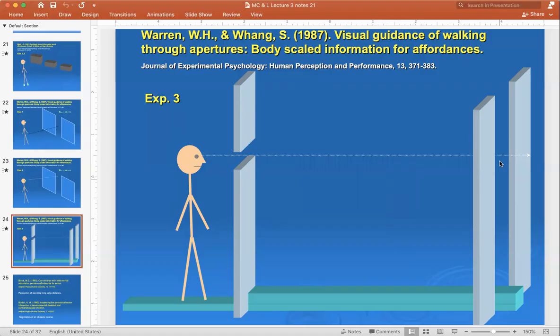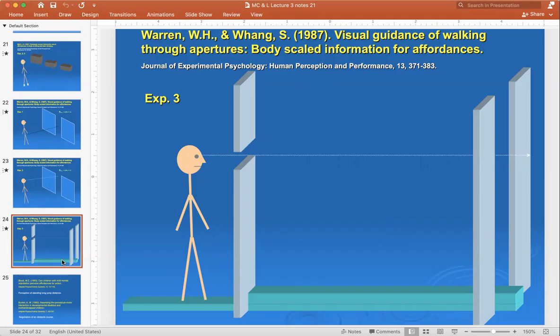They said that physically narrower gaps were now wider in terms of their body scale. So they would say they could walk through a narrow gap, and in fact they couldn't. But this raising of the floor created an optical illusion for them, which changed their perception of the world. It made their eye height, you can see, different.